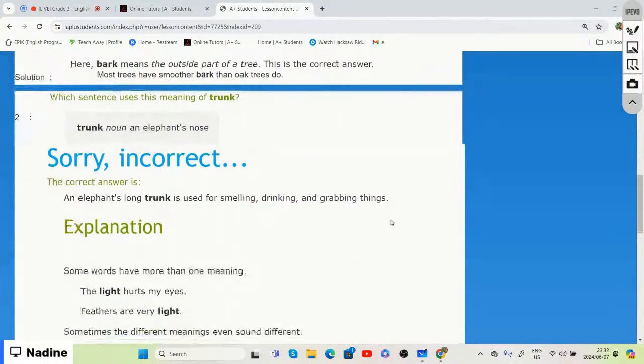It says an elephant's nose. The trunk of an elephant.